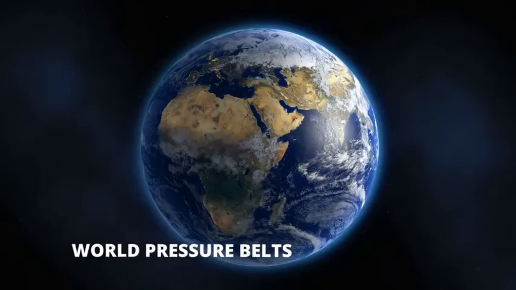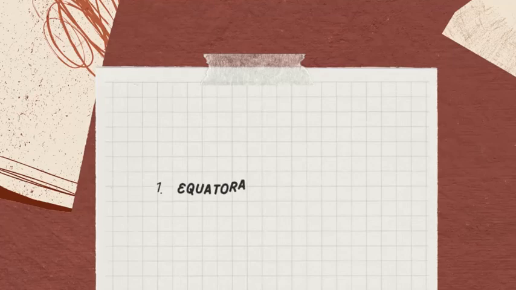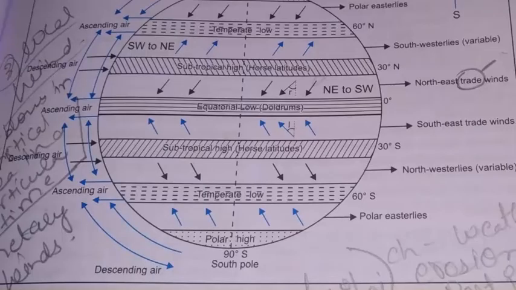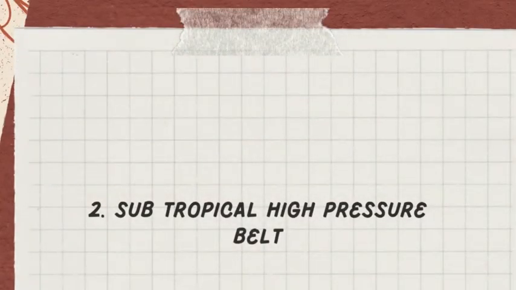These planetary winds move from one pressure belt to another, and these pressure belts are: the equatorial low pressure belt, within latitude 0 to 30 degrees north and south of the equator. Moving up from 30 degrees to 60 degrees north and south of the equator, we have the subtropical high pressure belt.